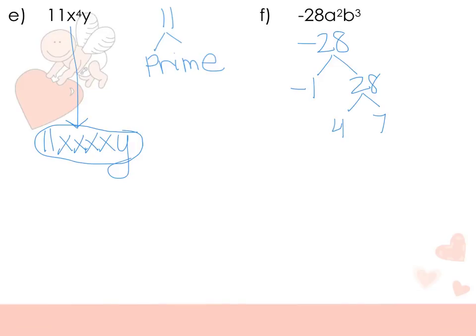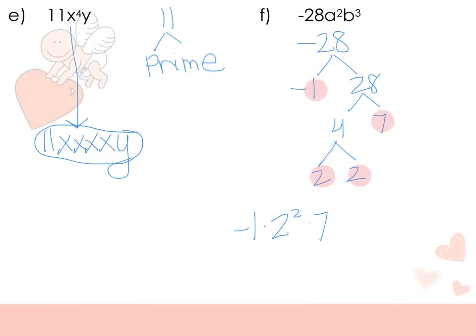So let's see here. I should have highlighted the negative 1 and the 7 because those are prime. 4 is not. So I'll break that apart into 2 and 2, which are prime as well. So writing out the prime factorization, I'm going to start out with negative 1 times 2 squared times 7.